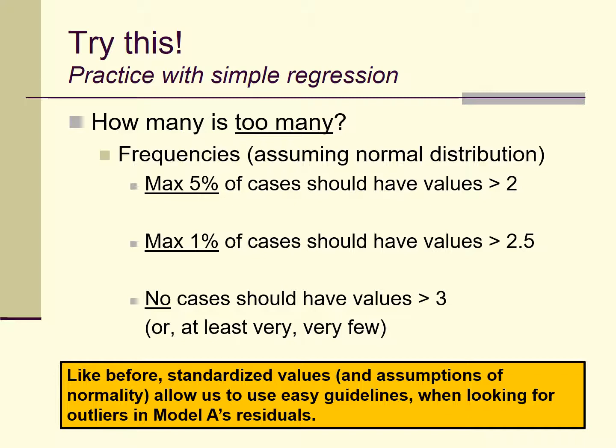In this case, we see a couple, but we don't see an awful lot. If we saw cases that have, in a sense, outlying values on their residuals, we might really worry that there's some sort of problem of bias, potentially, where our model is really over-predicting or really under-predicting certain types of cases in our data set.